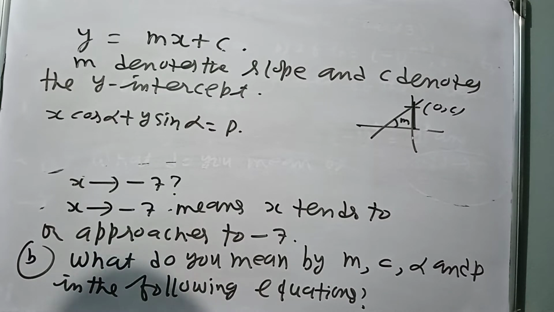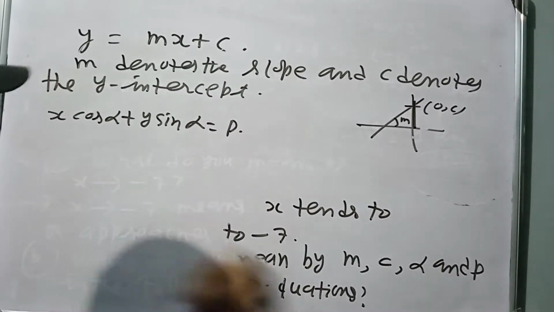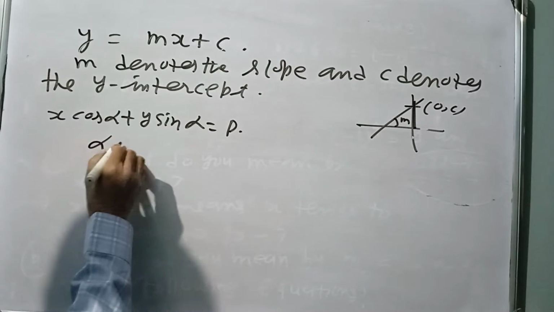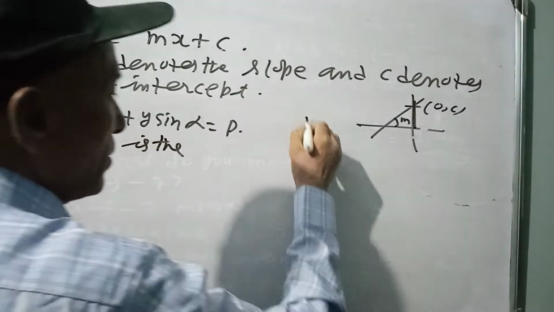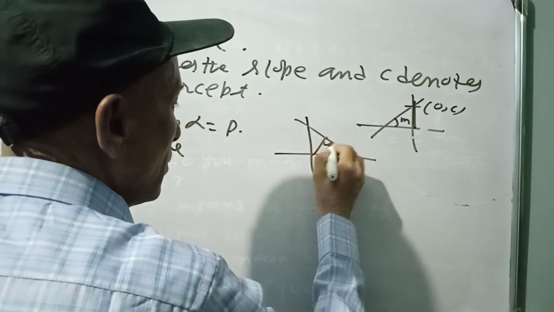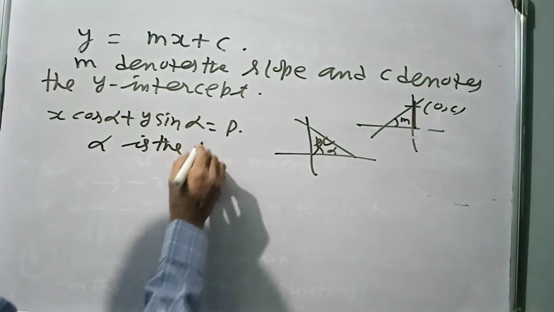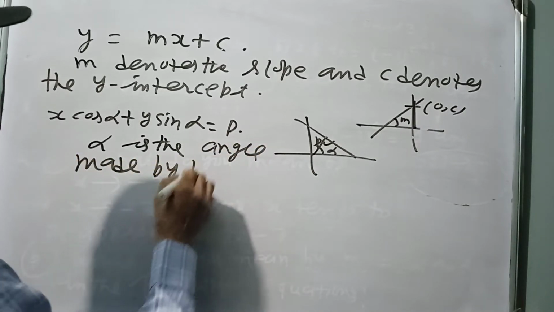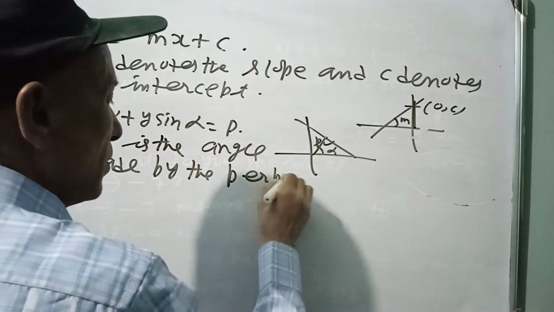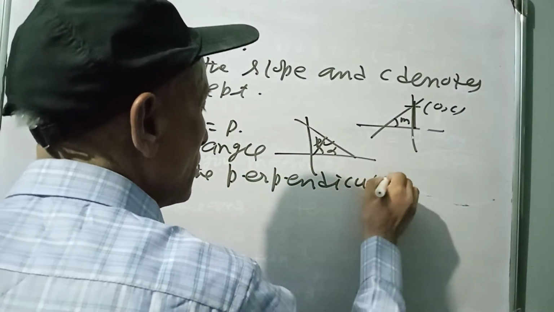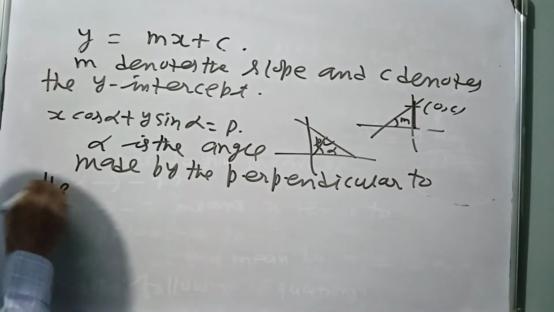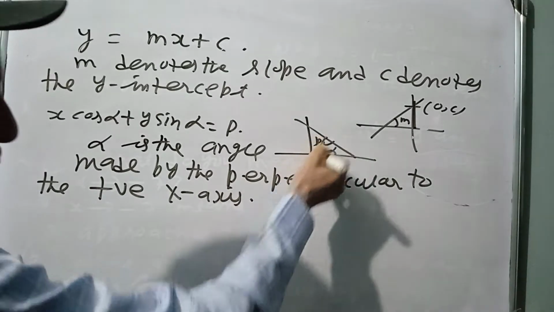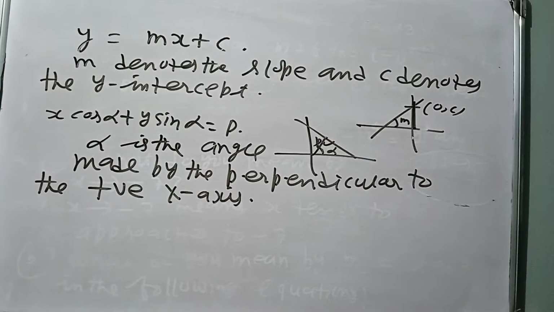In x cos alpha plus y sin alpha equal p, alpha is the angle made by the perpendicular to the positive x-axis. Perpendicular x-axis सँग बनाएको angle alpha.